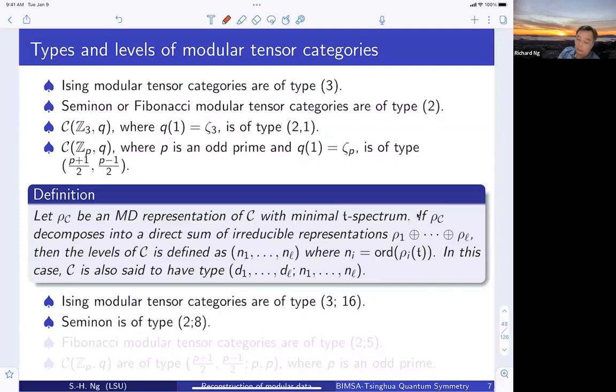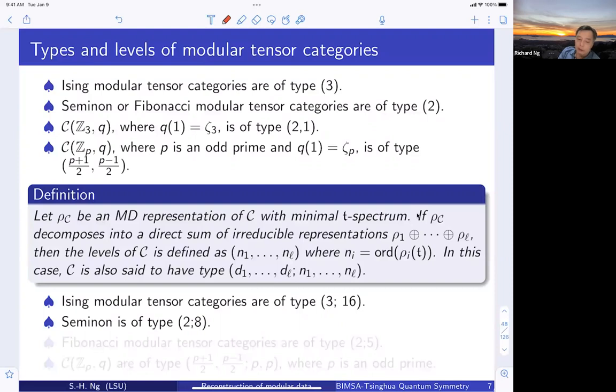Similar to the Ising one is semion, which is type 2, dimension 2, but the level is 8. And all these representation types can actually be realized by semion, or some kind of semion. You can always take the Galois conjugate and get the other one.